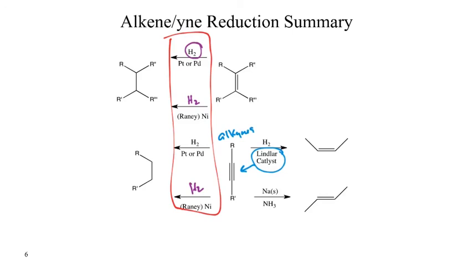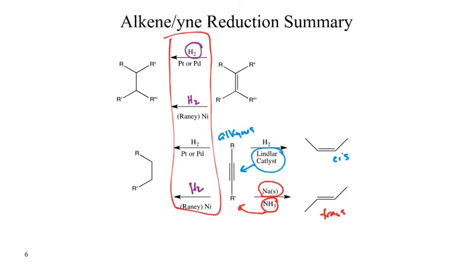If you see no H2, but you see sodium metal and ammonia, okay, you're still adding to alkynes, but the end result is a trans product versus a cis. Okay, so both of those reagents, the blue and the red at the bottom, are Lindlar's catalysts, and the sodium and ammonia are very commonly tested on because of their slightly different chemistries.